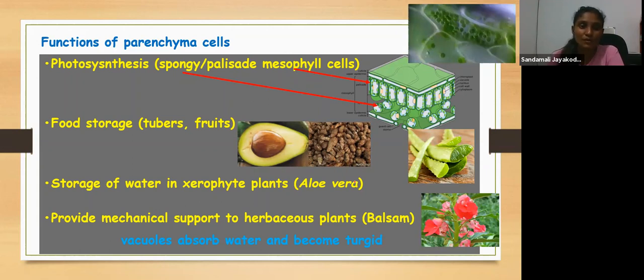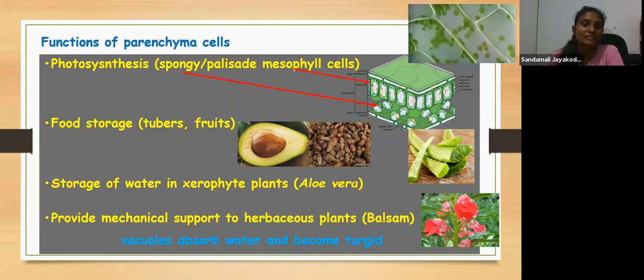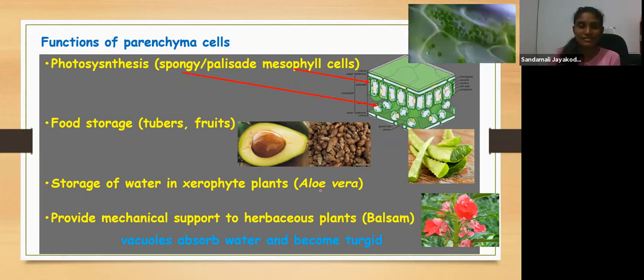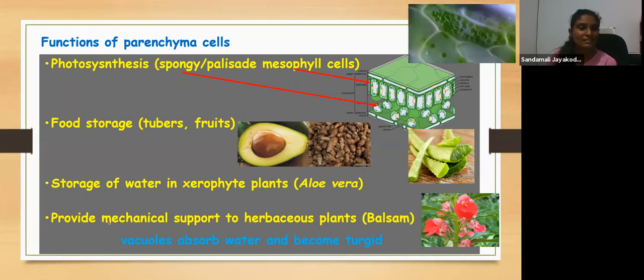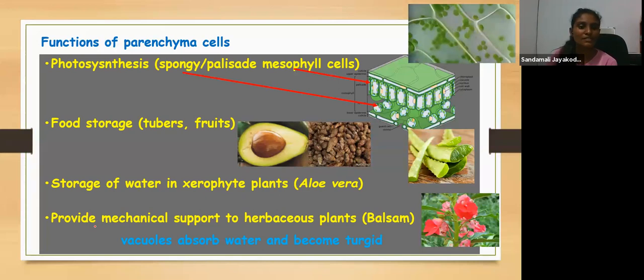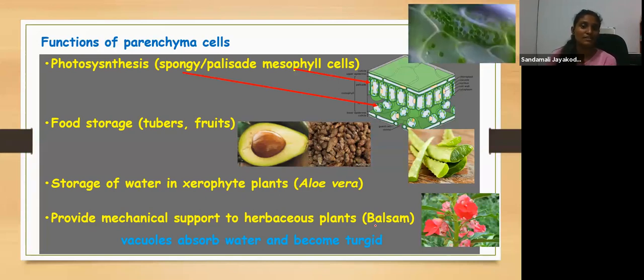So it stores water in parenchyma cells. Not only aloe vera, cacti, all of xerophytic plants store water to withstand the dry condition in those areas. Then another function is to provide mechanical support to herbaceous plants like balsam.